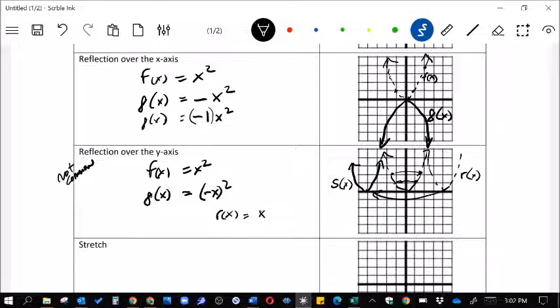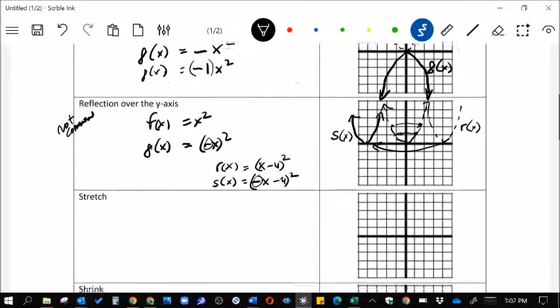So that's x minus 4 squared. And S of x is negative x minus 4, plus 4 minus 4. I think in this case, it's just the x. So again, it's that change there that switches it, flips it over the y-axis.